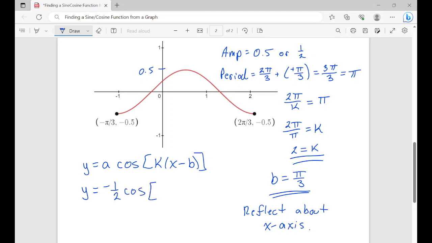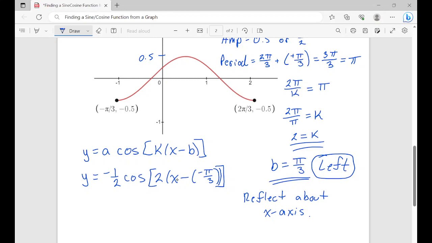Cosine of k, which is 2, x. And since it's going to the left pi over 3, so I'll emphasize this to the left, this is going to be minus a negative pi over 3. One more parentheses, a short one.